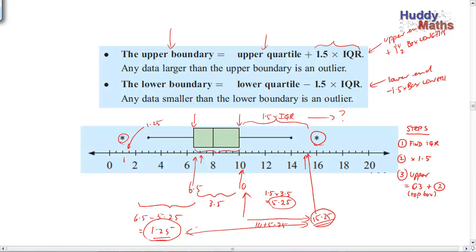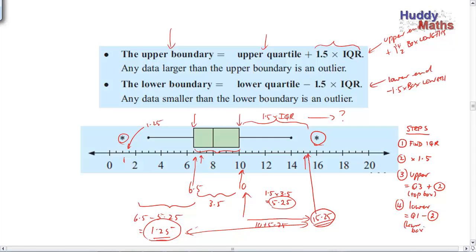So you can't go higher than that away from the data set. And on the lower end, you get the lower quartile, which is Q1, and take away that number 2, 1.5 times interquartile range, and this is off the lower end of the box.